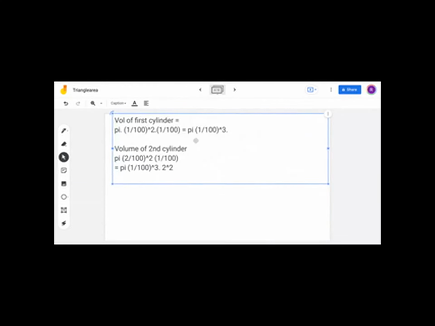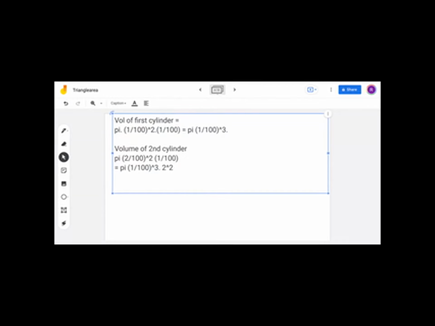Do you see this? Volume of the first cylinder is pi times 1 by 100 cubed. Volume of the second cylinder is pi times 2 by 100 squared times 1 by 100, which can also be written as pi times 1 by 100 cubed times 2 squared, because I just took the 2 squared outside. Is this clear to everyone? Yes, sir. Okay. Third cylinder is?